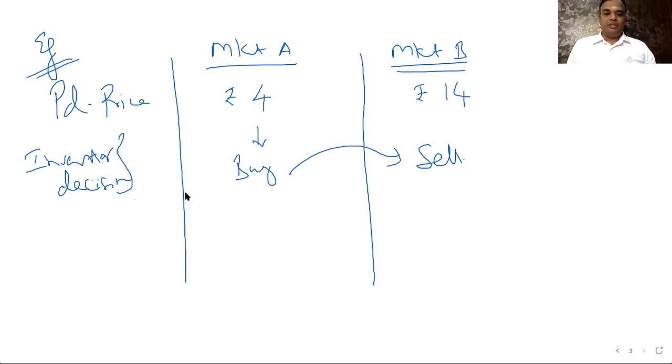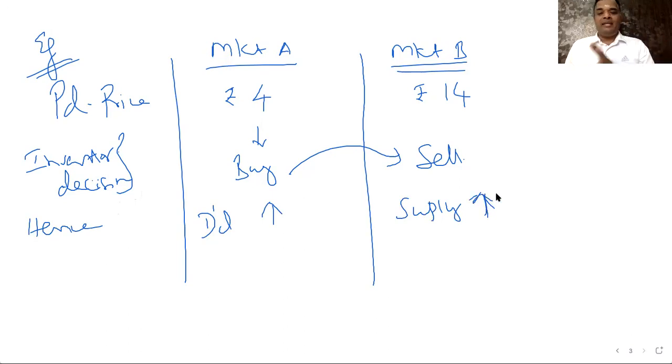Clear? Then what could be the impact? In market A, demand for the product will increase. In market B, as we keep on selling, supply will increase. On one hand demand will increase, on the other hand supply will increase. Therefore, what will happen with respect to selling price?